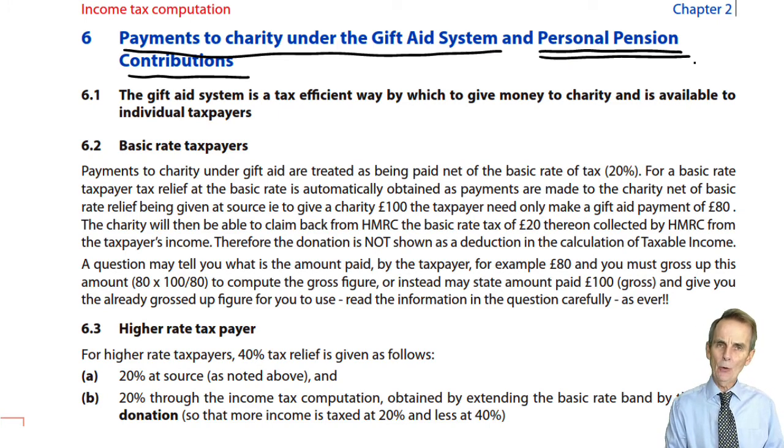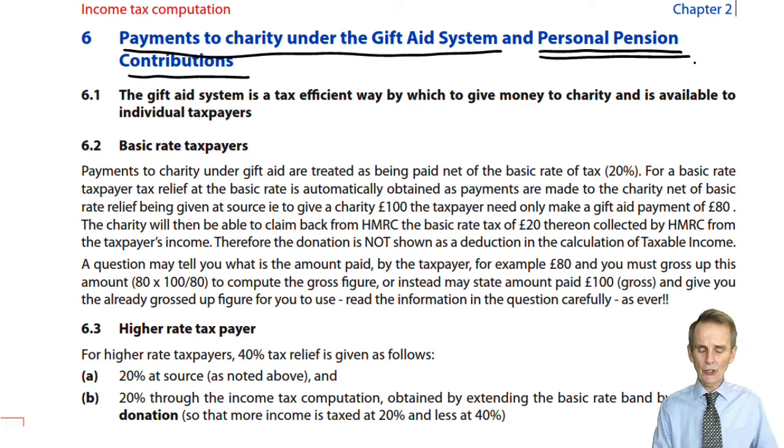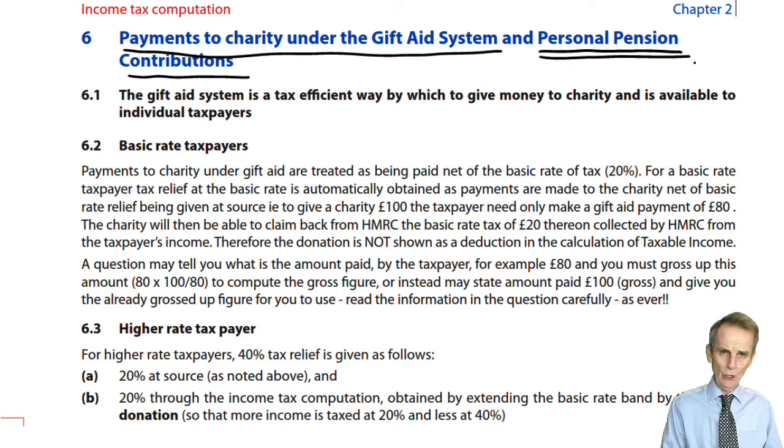In which case I always have to tell you, and I think I mentioned this in our introductory lectures together, dealing with tax is not a question of asking why we do it. We do it because it is a rule. It is a rule that was set by Her Majesty's Revenue and Customs.